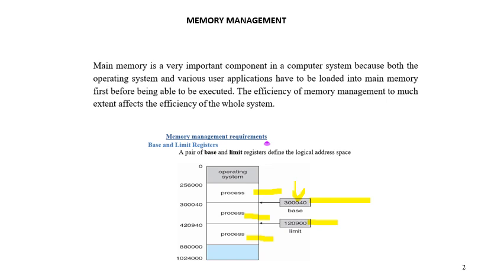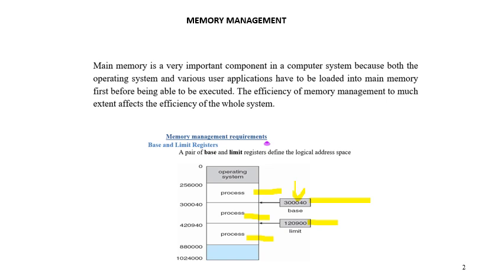But for recompiled code, its starting location changes. In simple words, once we compile the program, the memory address will be different, and if you recompile the program again, the starting location will change.